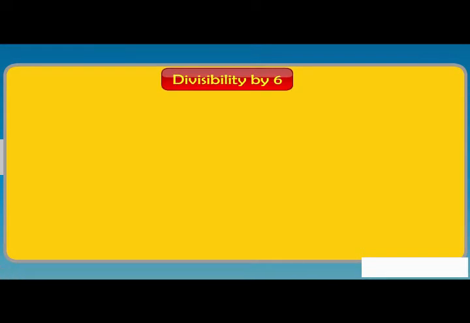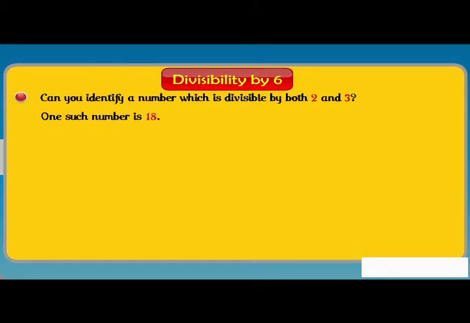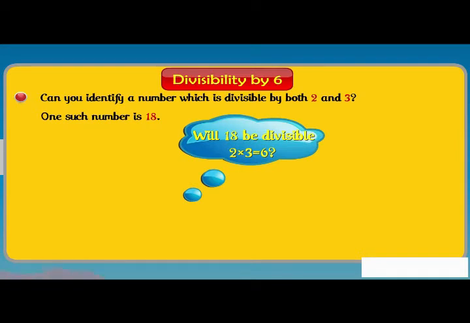Divisibility by 6. Can you identify a number which is divisible by both 2 and 3? One such number is 18. Will 18 be divisible by 6? Yes, it is.